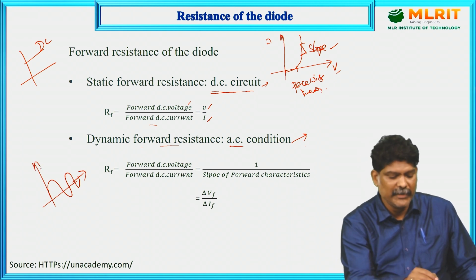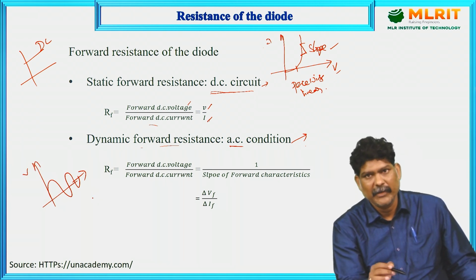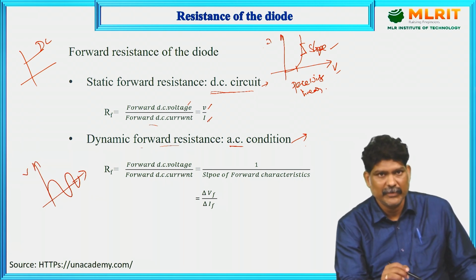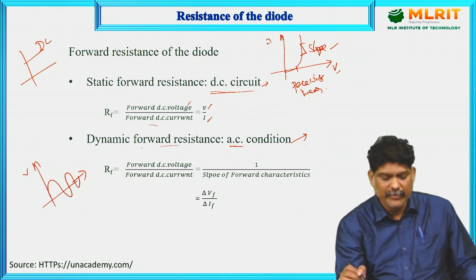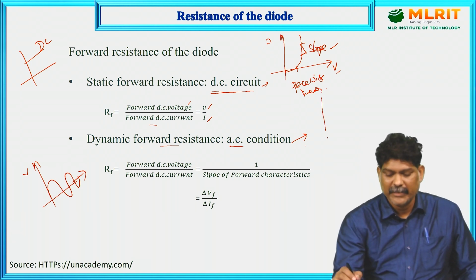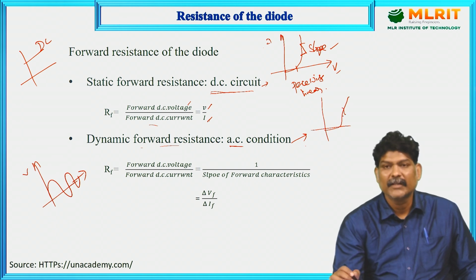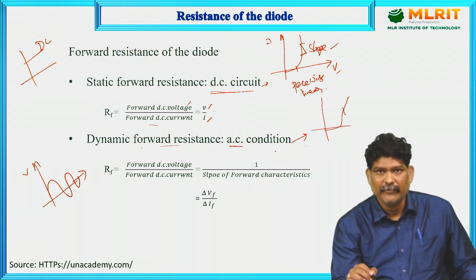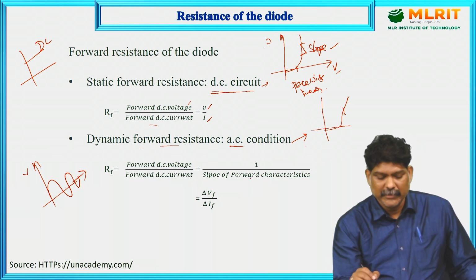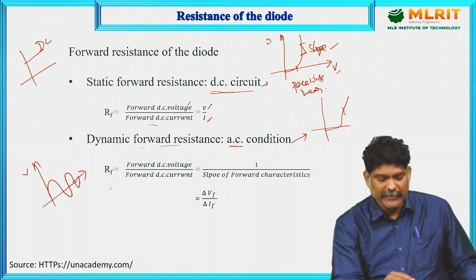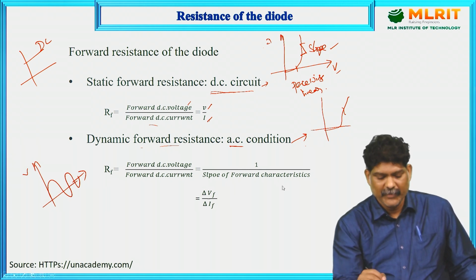So, input voltage and correspondingly current also changes. Therefore, the slope is not linear. In this case, the slope changes accordingly. So, therefore, in this case, we can say RF is 1 upon slope of forward characteristics. That means delta VF by delta IF.